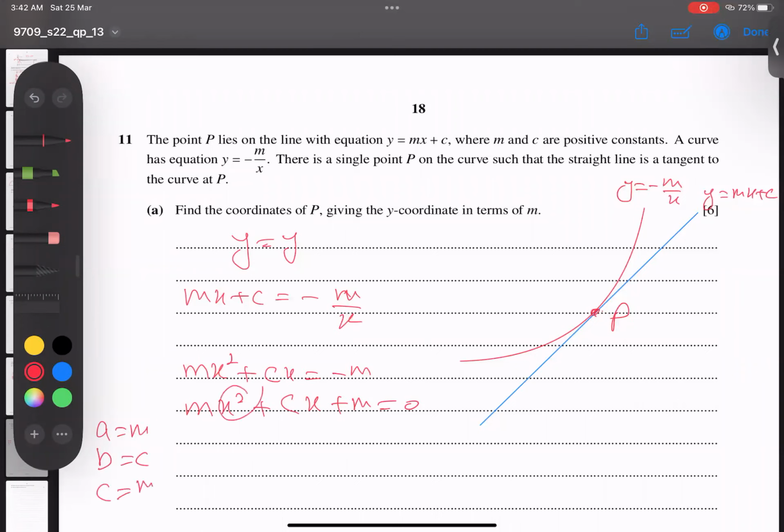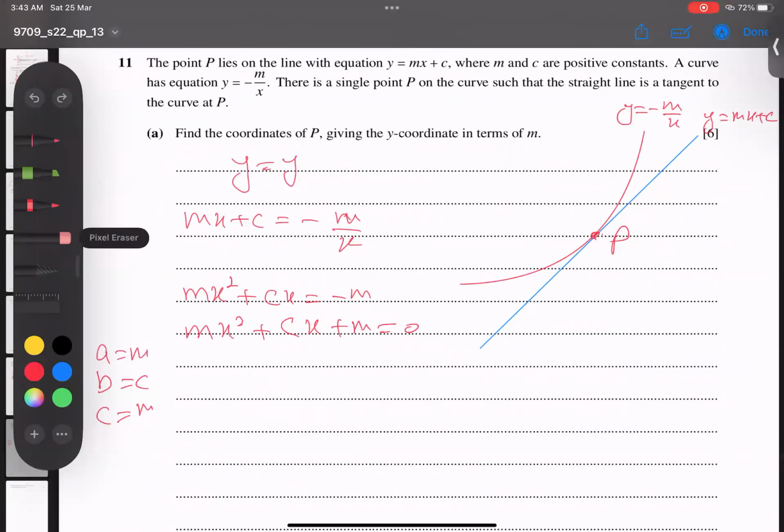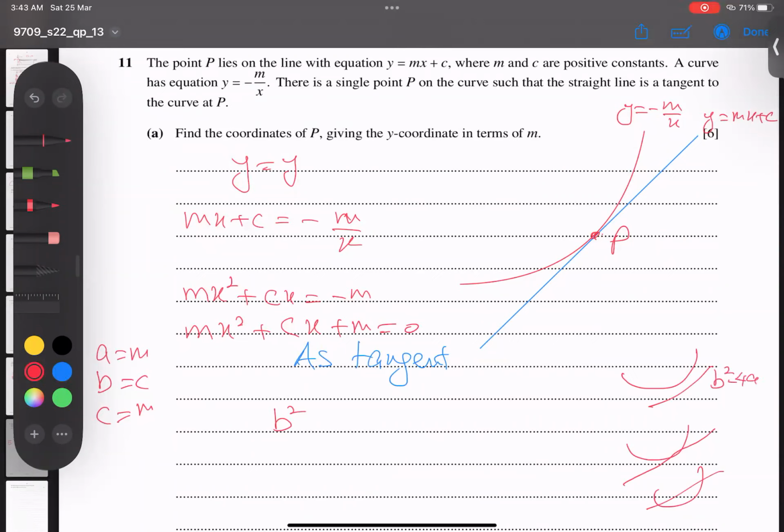Repeat, x squared coefficient is m, and x coefficient is b, and the alone number is called C, because he says very clearly it is a tangent. You know it very well when you have three criteria: not touching, touching, cutting. So b squared minus 4ac. One minute, please. I write it again here.